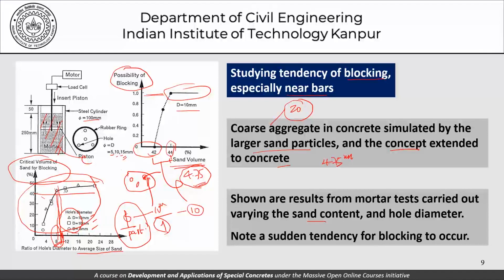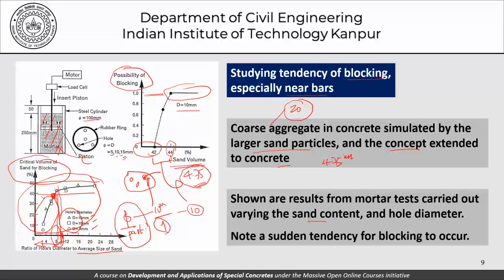And this critical volume goes down if this ratio comes below this. So this is a very critical finding that we have, that we should not go below a ratio of, let's say, 8 to 10.